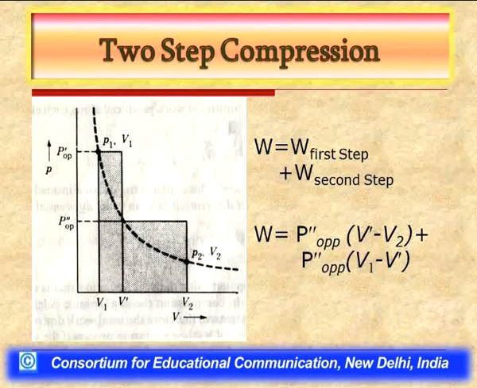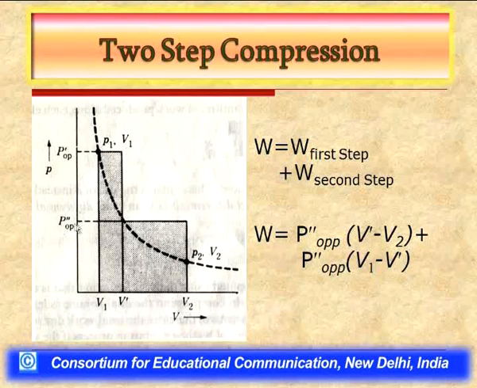So, now let us switch our attention to two-step compression. In two-step compression, again we will observe the compression by virtue of changing the mass object in two steps. We will first put a mass object which will exert lesser pressure as compared to the final pressure.